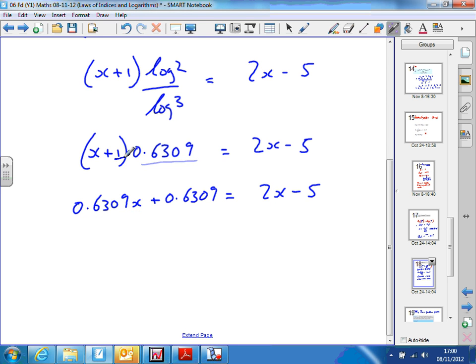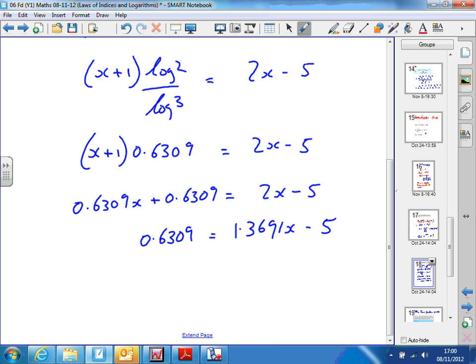And now we're going to get all terms involving x on the same side, so subtract 0.6309x from both sides. So that will leave us 0.6309 over here. What's 2 minus 0.6309? 1.3 something or other. 1.3691, is it? I might be wrong. Yeah. x minus 5.